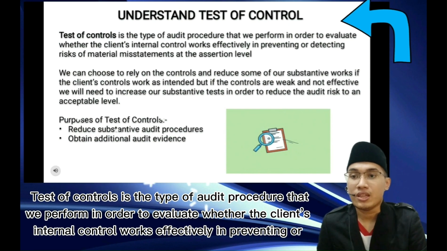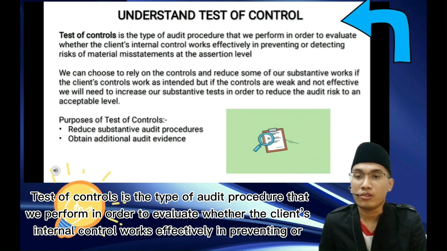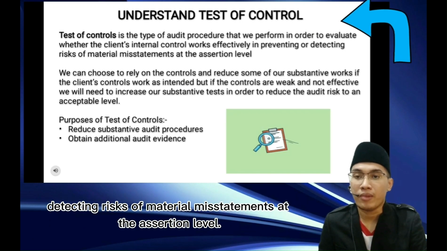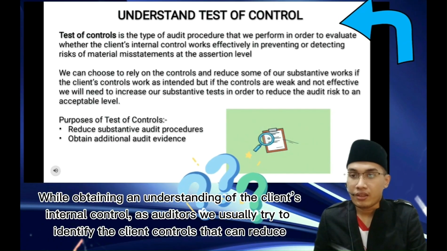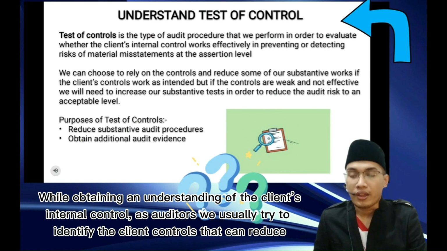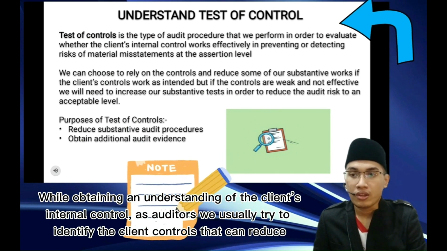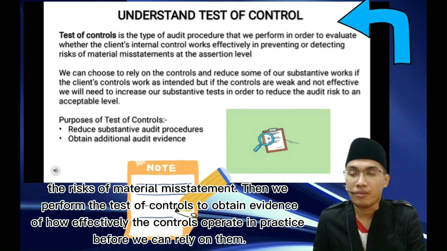A test of control is the type of audit procedure that we perform in order to evaluate whether the client's internal control works effectively in preventing or detecting risk of material misstatement at the assertion level. While obtaining an understanding of the client's internal control, as auditors, we usually try to identify the client controls that can reduce the risk of material misstatement.